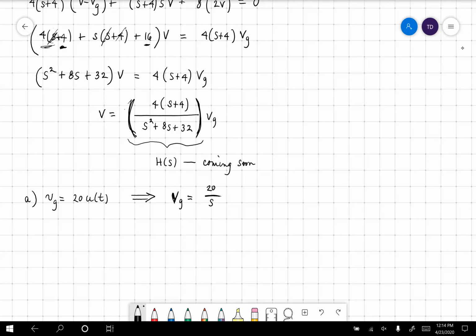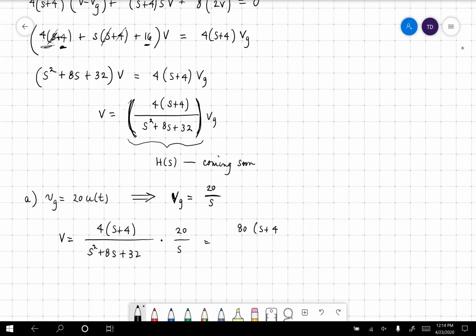So we're now going to just substitute that for part A. So V equals 4 times S plus 4 divided by S squared plus 8S plus 32 times 20 over S.